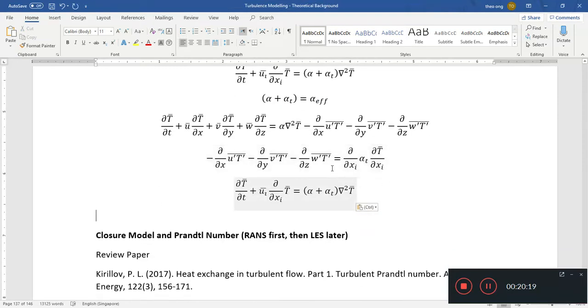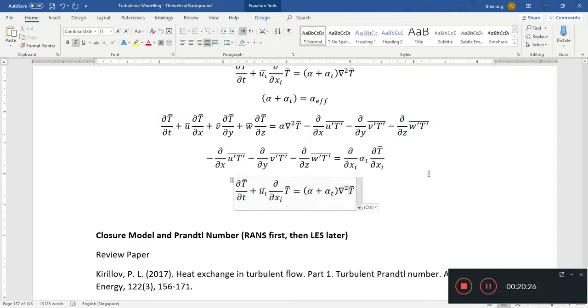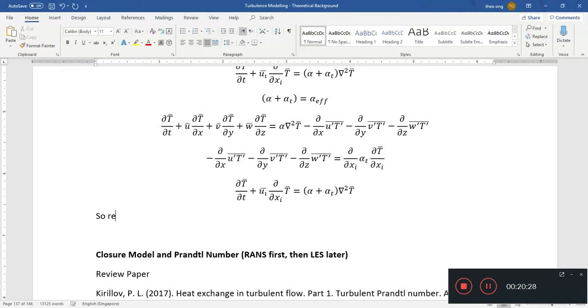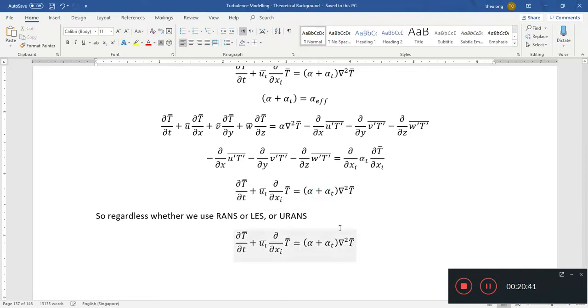When you replace this with these three terms, you would get these terms here as well. So regardless of whether we use RANS or LES or URANS, unsteady Reynolds averaged Navier-Stokes, the final equation form looks like this. It just depends what alpha t is.